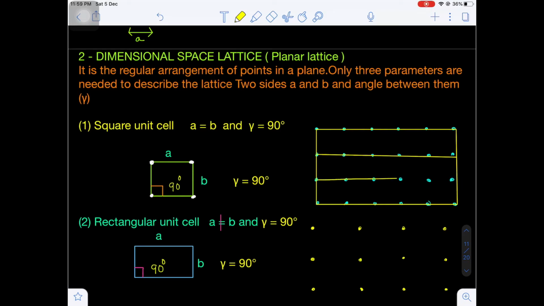In this square unit cell, vertically as well as horizontally, the length remains the same. So A will be equal to B, and the angle between them, gamma, is 90 degrees.